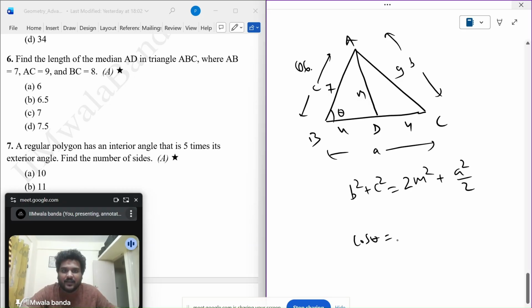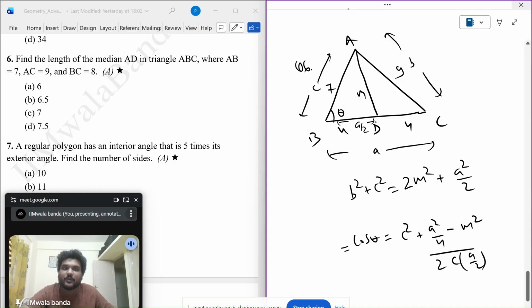Cos theta in this case will be c square plus a square by 4 minus m square, the third side. I'm taking the smaller triangle, this. That's why I've taken a by 2 here. I'm just trying to derive it once, upon 2c into this side.